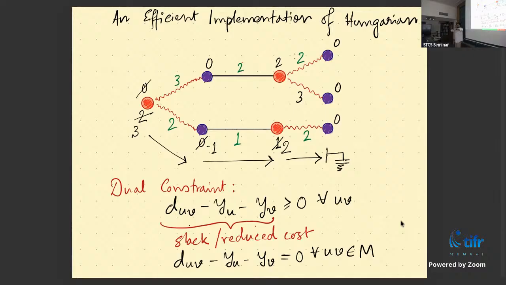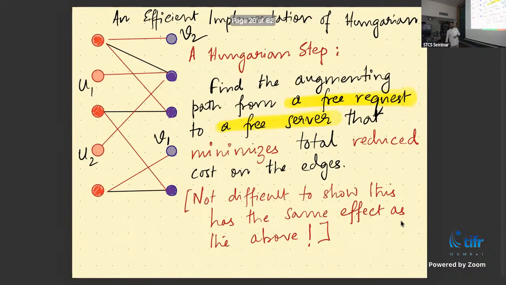So there is scope of adjusting the dual so that the edges become tight. Okay. So I define the slack on every edge. Okay. Like this. And what I do is the following. I find the augmenting path from a request to a server that minimizes the total reduced cost of the edges.